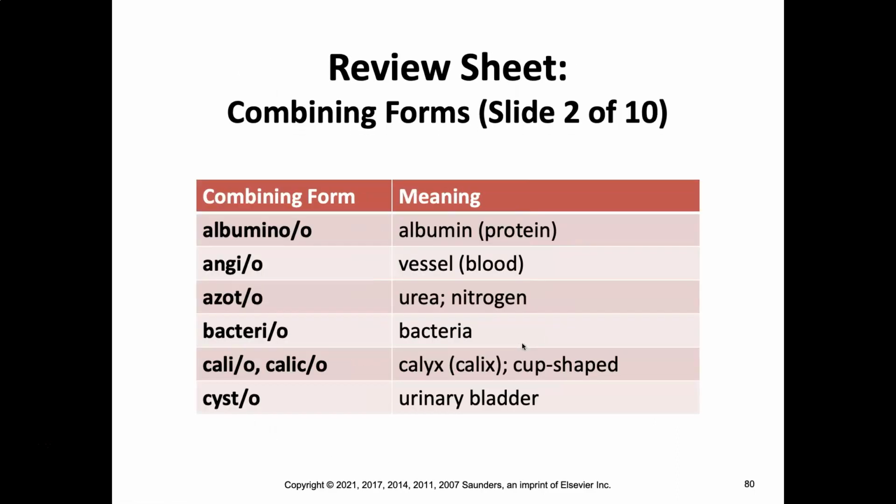All right, some combining forms. Albumino, angio, azoto, bacterio, calio, or calixio, or calixo, or it almost looks like calico, as in a calico cat. I think it would depend upon the suffix that you put with it as to how that was sung.